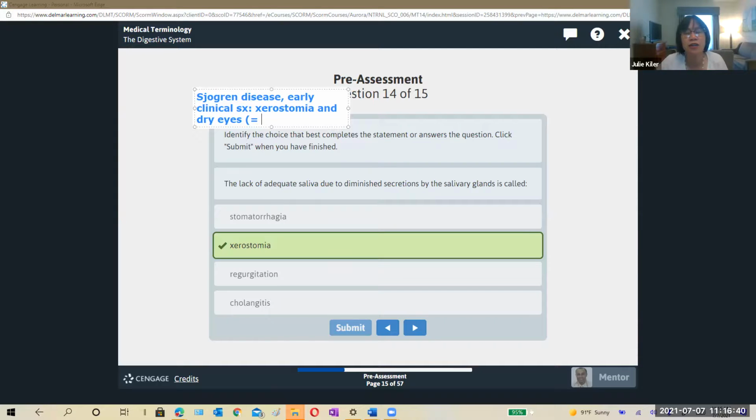Sjogren, sometimes they're friends with rheumatoid arthritis and lupus. Yeah, those three diseases many times are partnered in a patient.